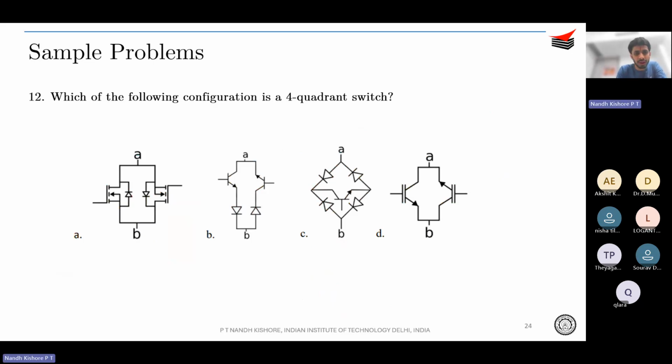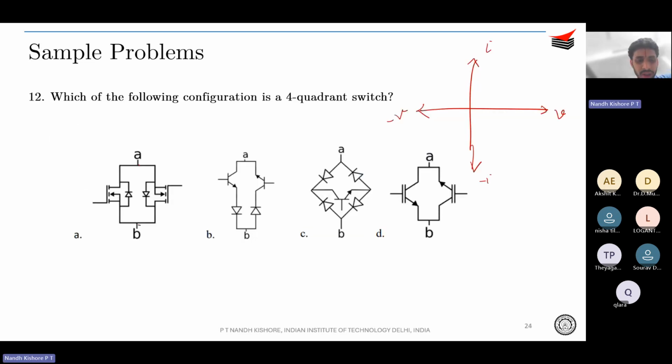Okay. So which of the following configurations is a 4-quadrant device? A 4-quadrant device should be able to block bidirectional voltage and conduct bidirectional current. So V, I, minus V, minus I. So you just eliminate from here. This device over here, can it block bidirectional voltage?